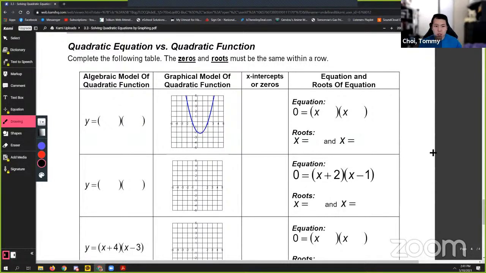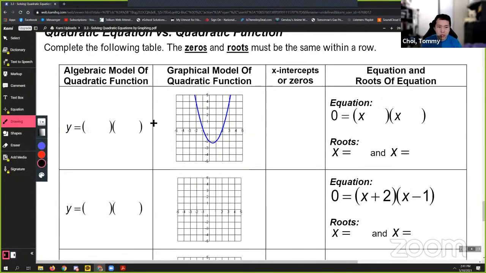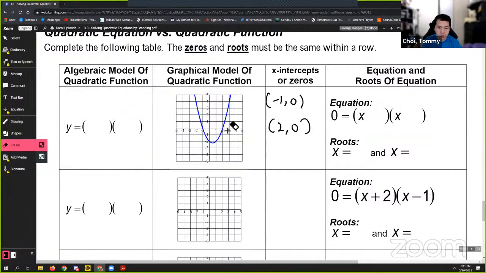So here, first, looking at the graphical model of the quadratic function, let's figure out first what my x-intercepts are. I think those are the easiest. It would be (-1, 0) and (2, 0). Those are the two x-intercepts that you can see from the graph here.